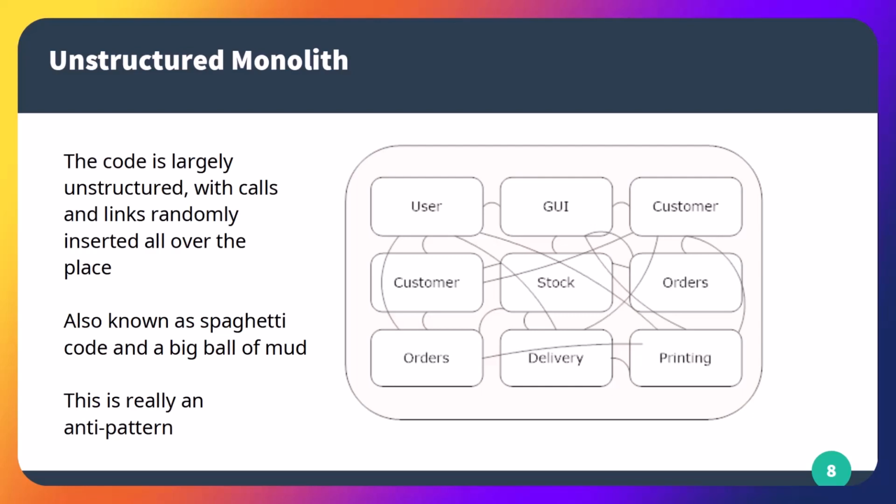How do they come about? Well, if no design structure is deliberately applied, they will just happen naturally. At the risk of offending viewers, there are many self-taught programmers around who have no real knowledge of application design and simply do not know any better. There are also some ill-disciplined developers who should know better but appear not to care.